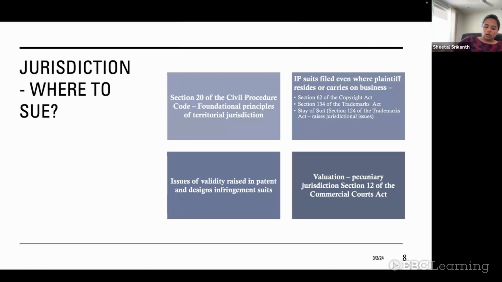So basically what the code says is a dispute can be brought in a place where the defendant resides or carries on business, or one of several defendants resides or carries on business, or where the cause of action arose or a part of the cause of action arose.